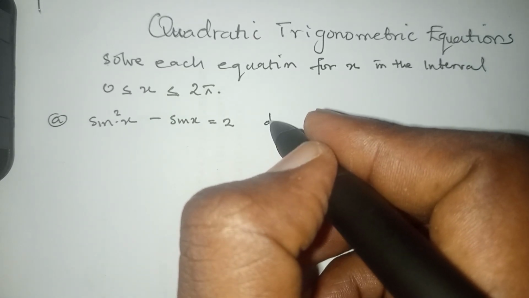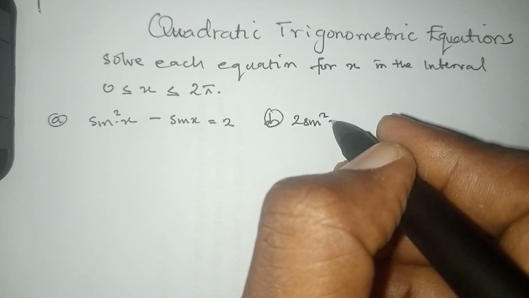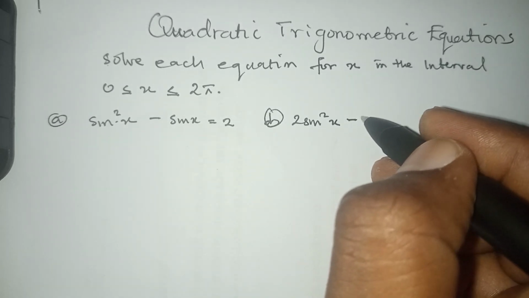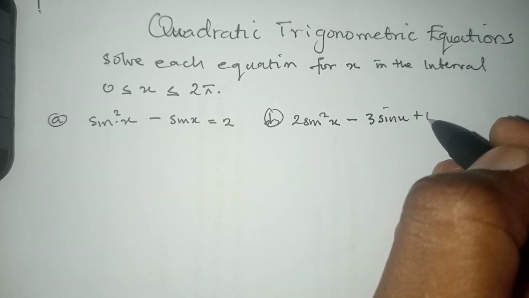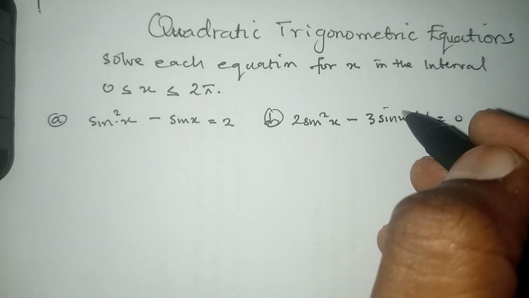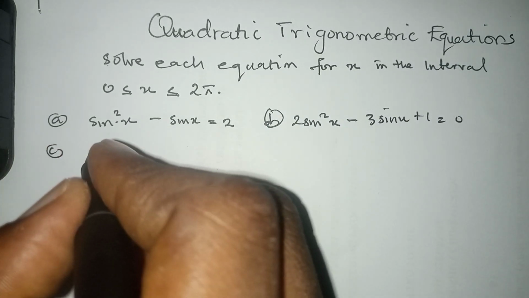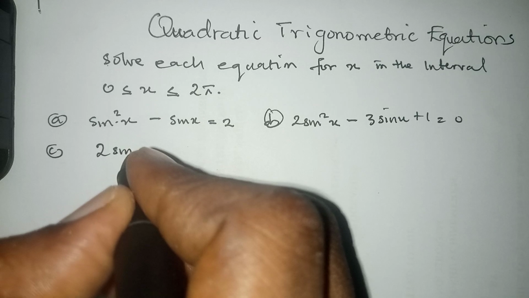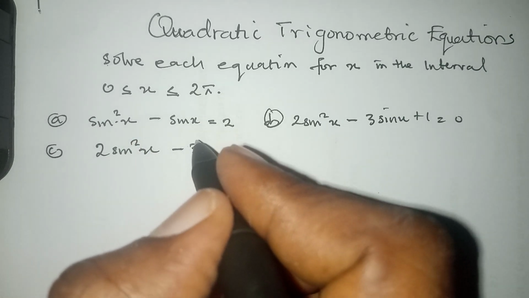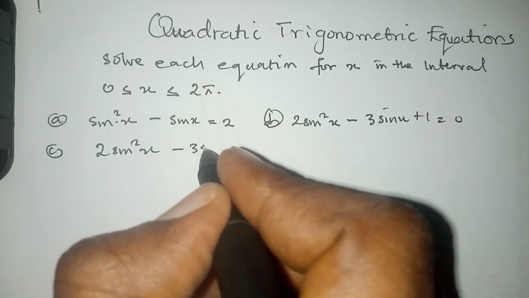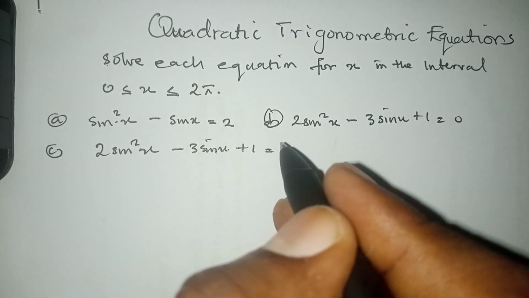Another one is b: 2 sine square x minus 3 sine x plus 1 equals 0. And the third one is 2 sine square x minus 3 sine x plus 1 equals 0.